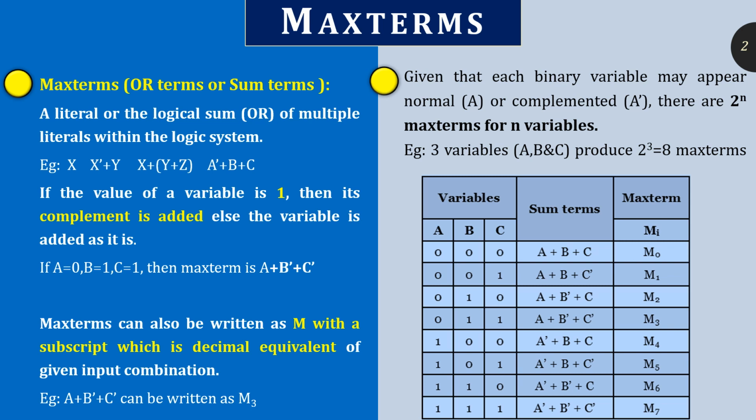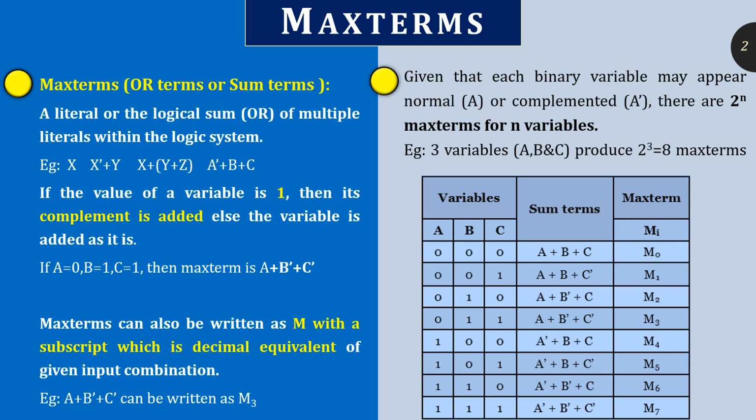So a literal or the logical sum of multiple literals within the logic system can be called a max term. For example, x, x plus y, x plus y bar, x plus y plus z, a bar plus b plus c. All these are examples of max terms. Max terms are nothing but OR terms or sum terms.